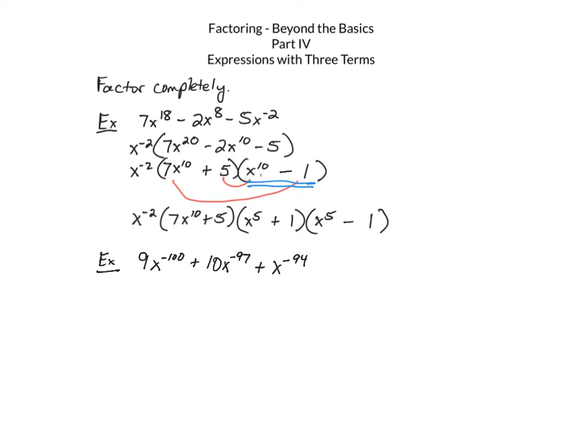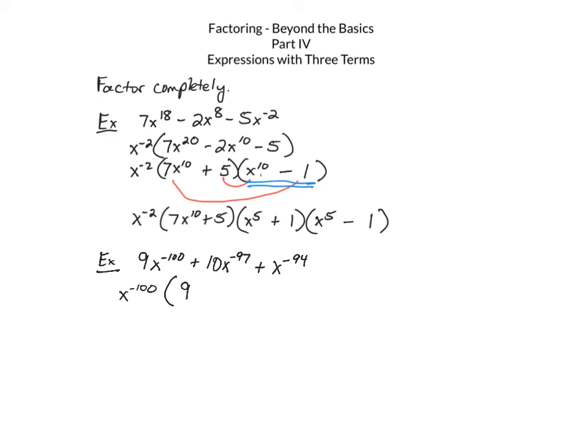When we jump in, do you see that common factor of x to the negative 100th power? Remember, it's the smallest exponent you see. Sometimes people aren't careful with this one or aren't sure what to factor out. But negative 100 is smaller than negative 94, so that's our common factor.